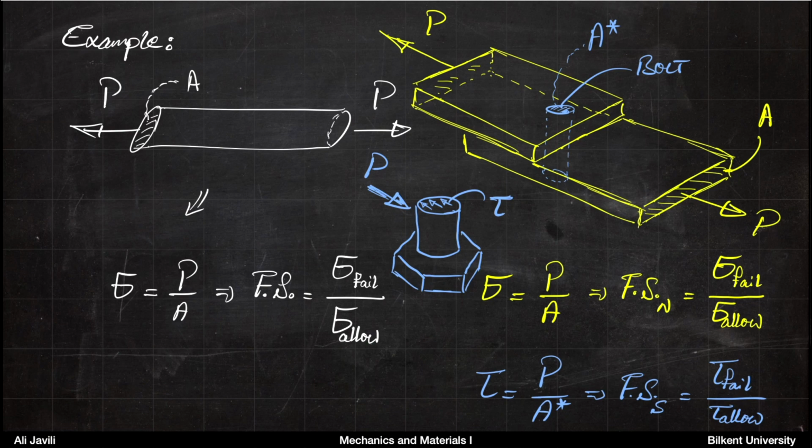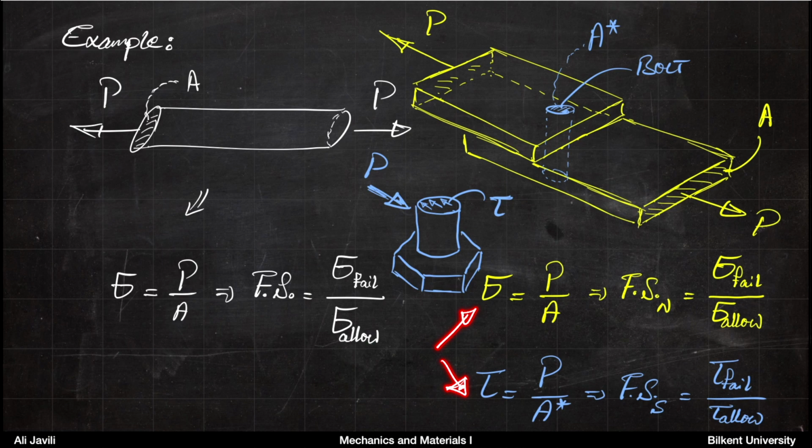If you think about the plates, you apply a force here, so you will talk about the normal stress in the plate. But when you want to analyze the bolt, you talk about the shear stress. Okay, so basically you need to do two types of safety analysis.